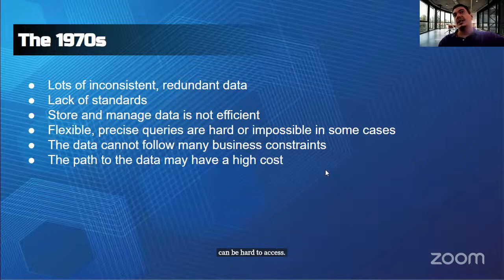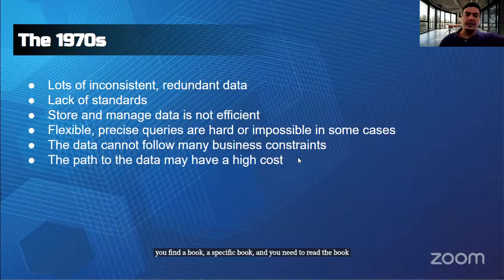And imagine a physical archive too. You need to find a book inside a huge archive. The time to find this data is very large, and it's not precise. You find a specific book, and you need to read the book to find the data. And sometimes you don't find the data there.